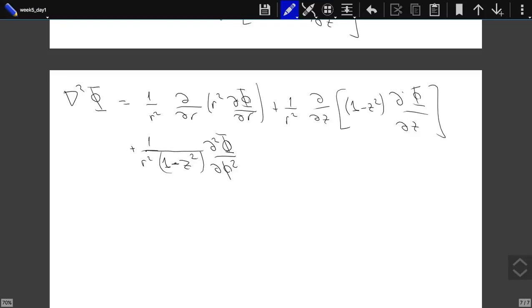Now the second one, I know that at the boundary, delta E, the change in the electric field, should be equal to 4 pi sigma times the normal vector. Well, the normal vector is in the radial direction.